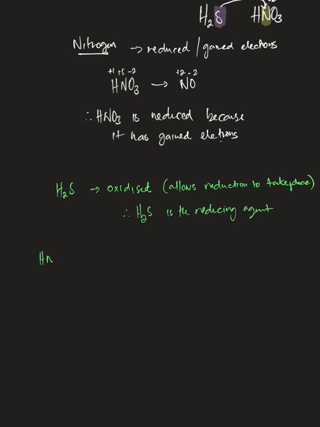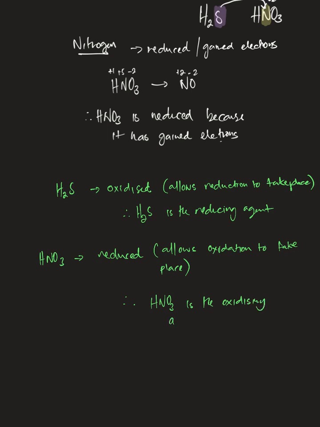If I look at the HNO3, it's taking electrons, so it's becoming reduced, and by becoming reduced it's allowing oxidation to take place. So in essence, I can say that the HNO3 is the oxidizing agent. And that's how you sort out that sort of information.